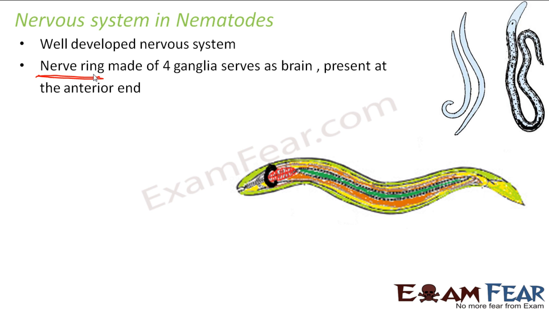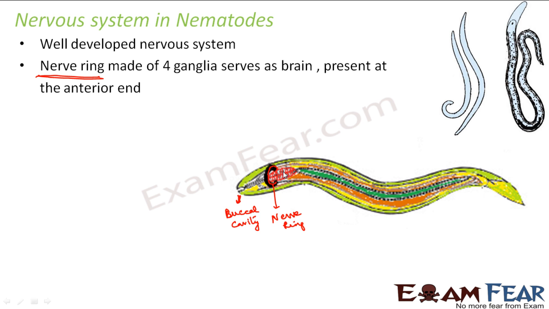If you look at the structure of a worm, here you have a dark ring-like structure. This is nothing but the nerve ring, right? And this is the mouth cavity or the buccal cavity.